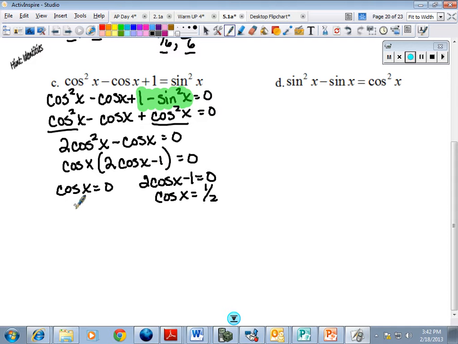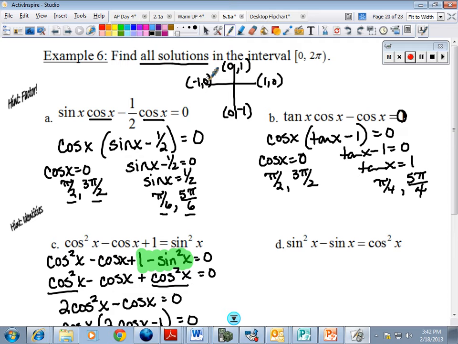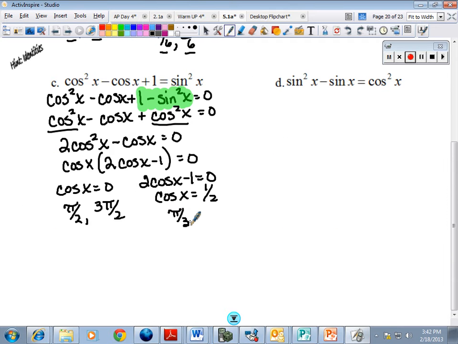Where's cosine 0? Again, at pi over 2 and 3 pi over 2. Where is cosine a half? Well, cosine is a half at pi over 3. Cosine is, all students take calculus, also positive in the fourth. So that's going to be 2 pi over 3. 2 pi would be 6 pi over 3 minus 1, 5 pi over 3.